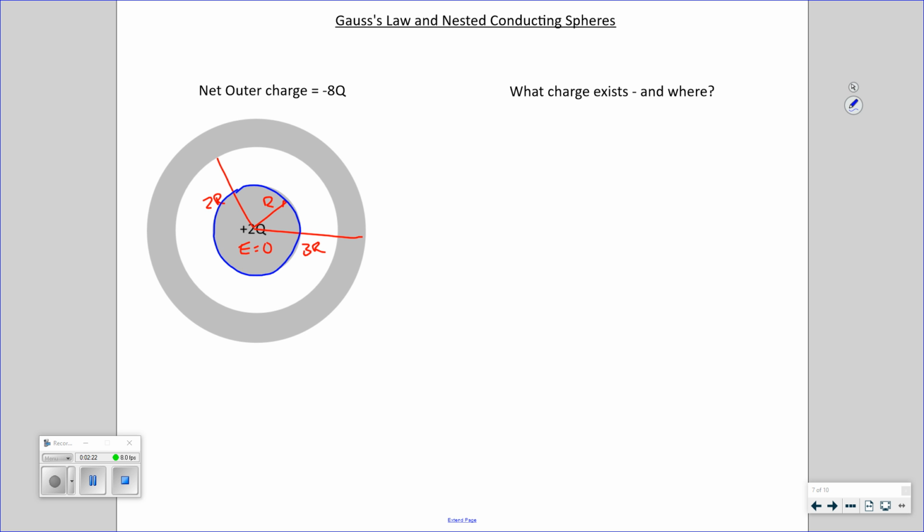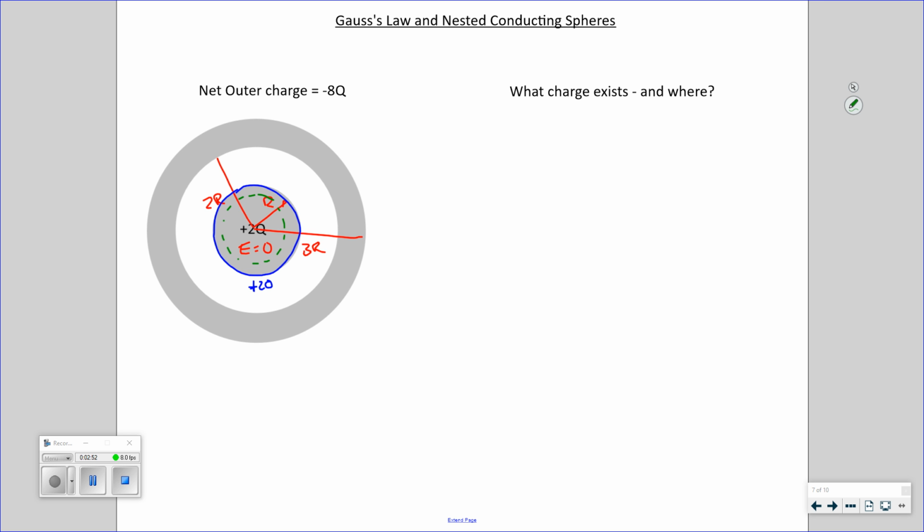We can justify the fact that the charge, positive 2q, all exists on the surface of that inner conductor, because Gauss's law says that if there is a Gaussian surface, my green sphere there, and across that surface everywhere there is no field, it must mean that the surface encloses no charge.